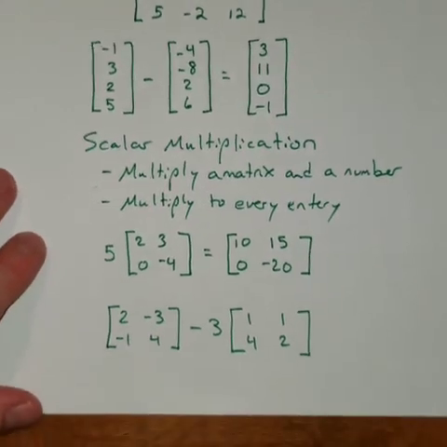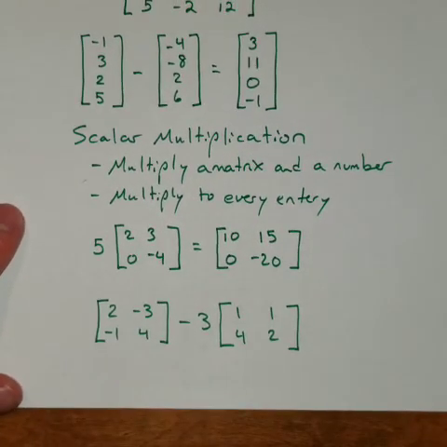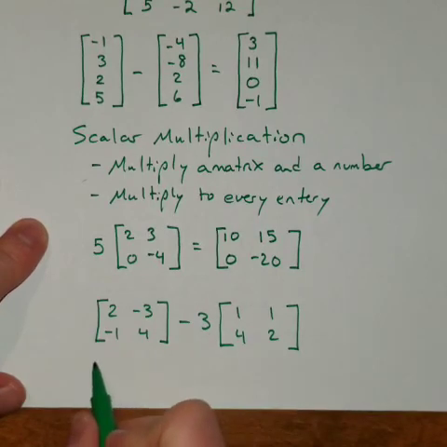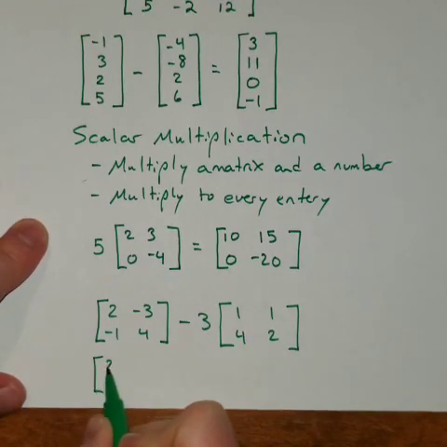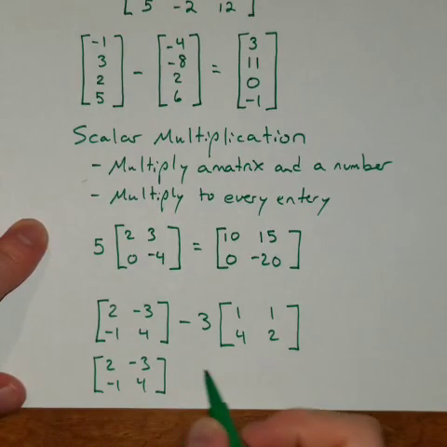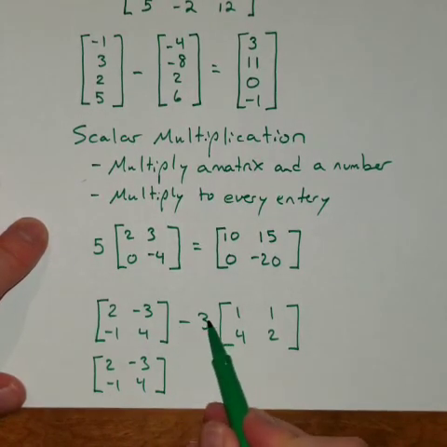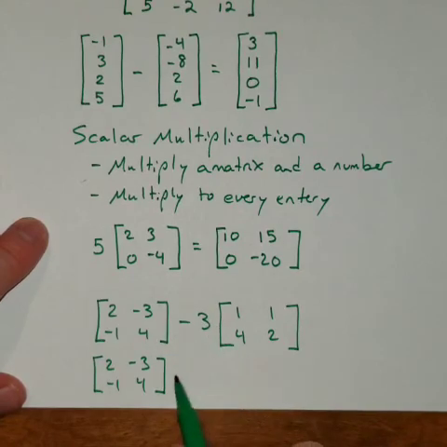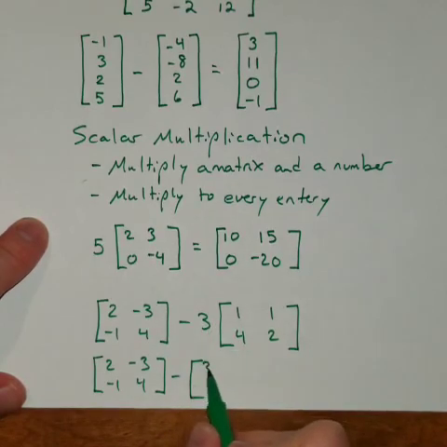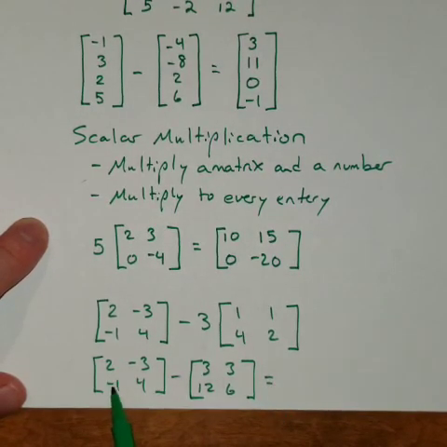In this example we'd have to distribute here, and so you'd have 2, negative 3, negative 1, 4. And now you could either distribute the negative 3 and change this to a plus, or keep it a minus and just distribute the 3. That's what I'm going to go ahead and do here. So 3 times 1 is 3, 3 times 1 is 3, 3 times 4 is 12, 3 times 2 is 6. And then do the subtraction.